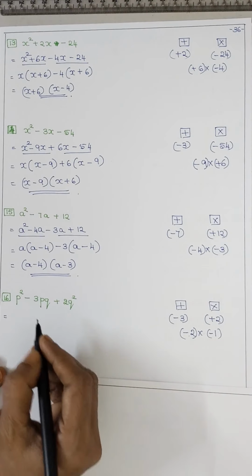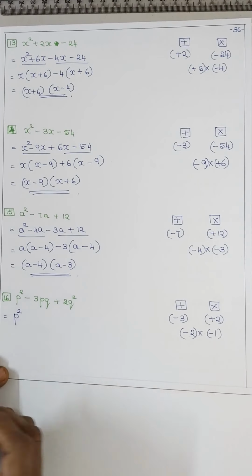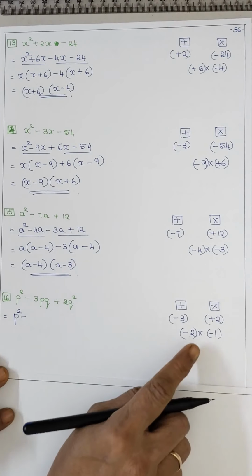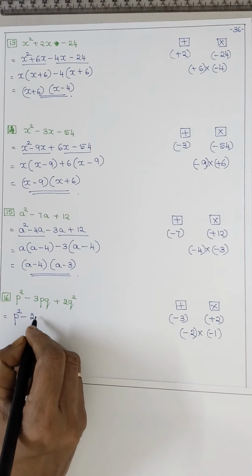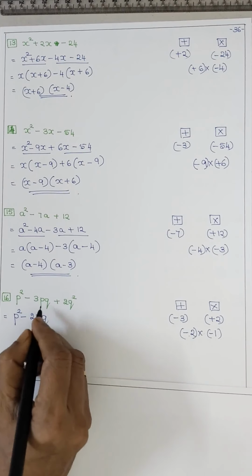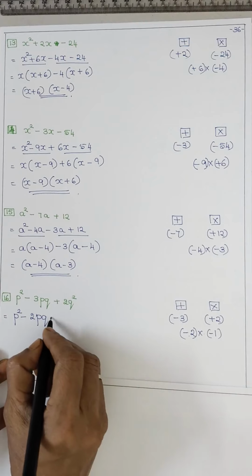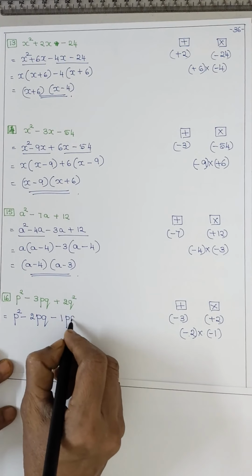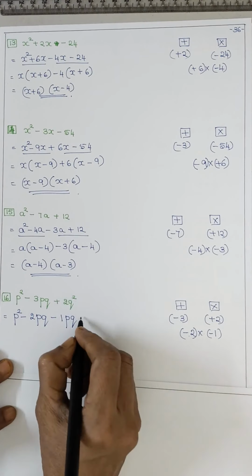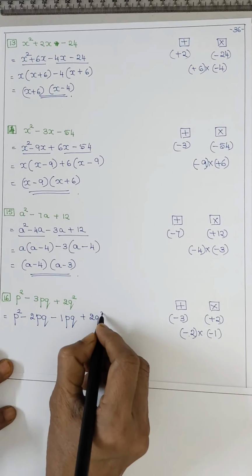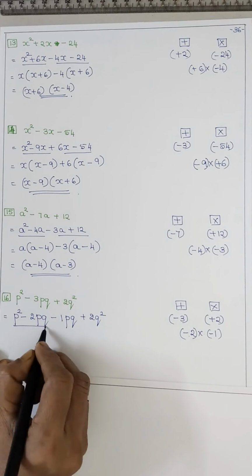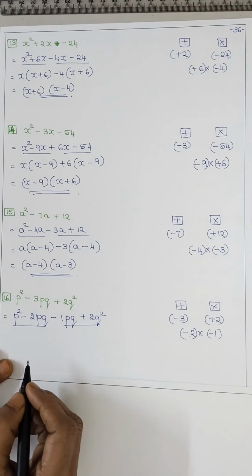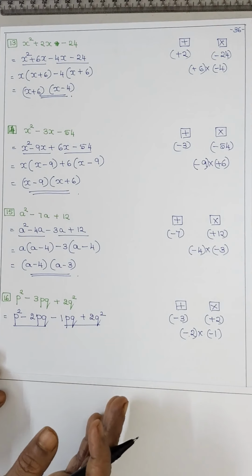Okay, now p squared as it is, minus 2pq, this everything you have to write, and minus 1pq. Now this plus 2q square. Underline the first two and the last two like earlier, same.